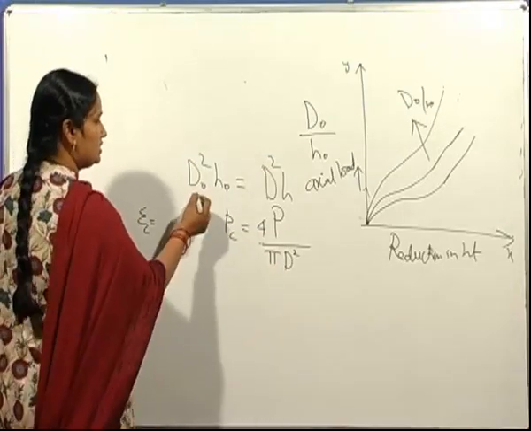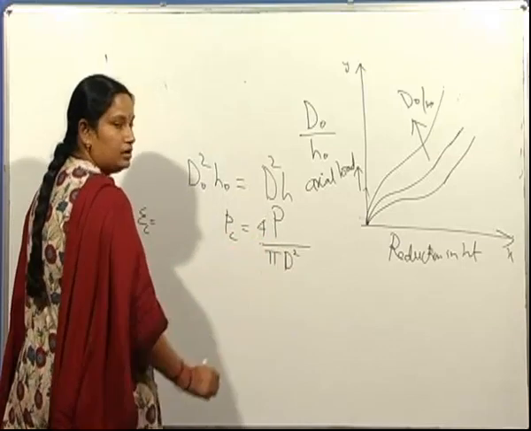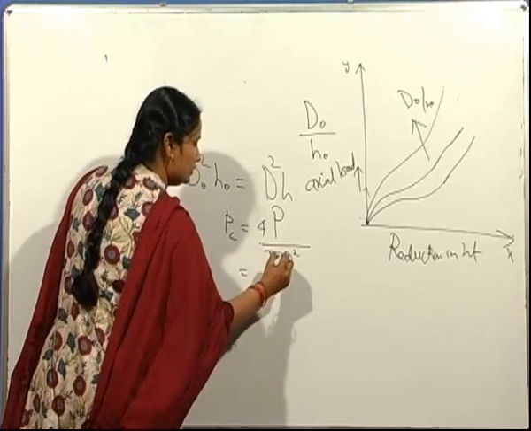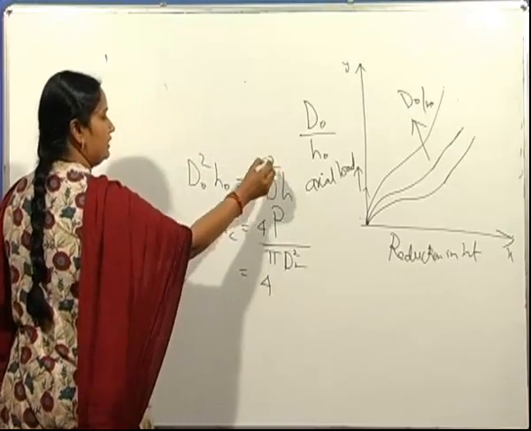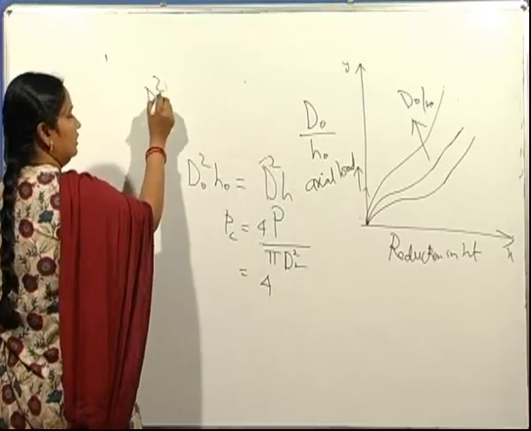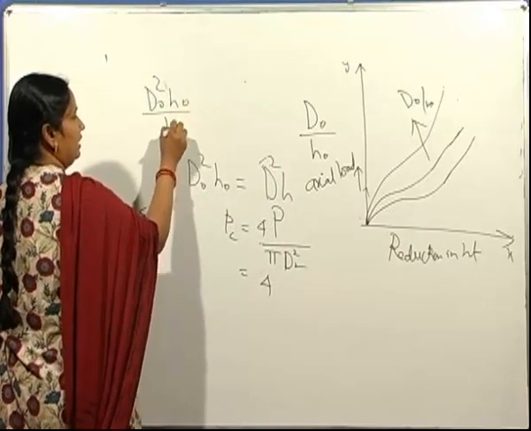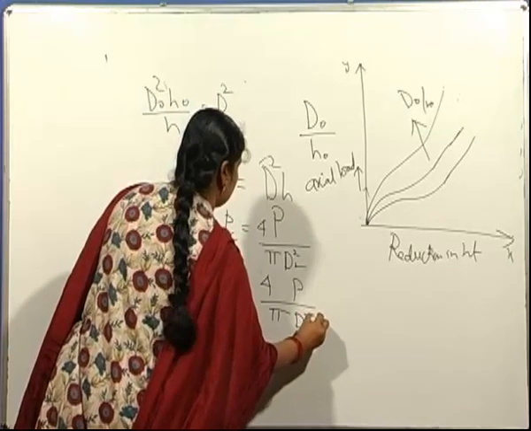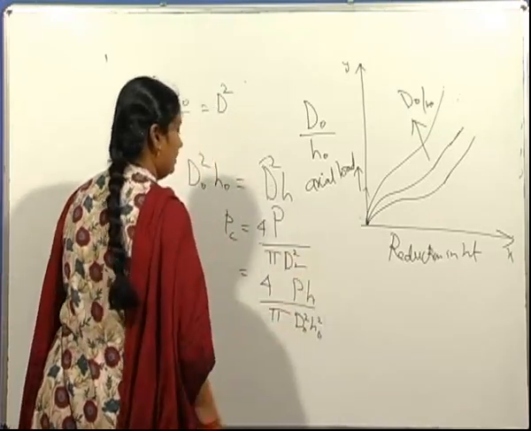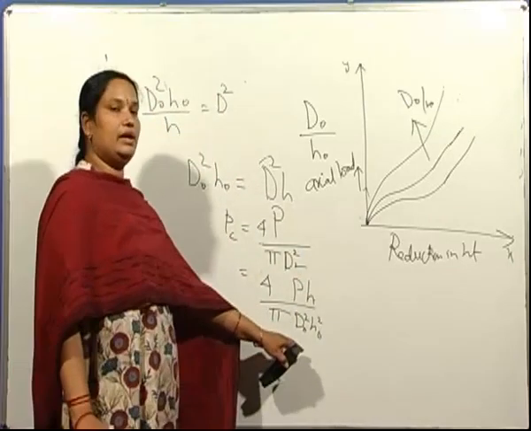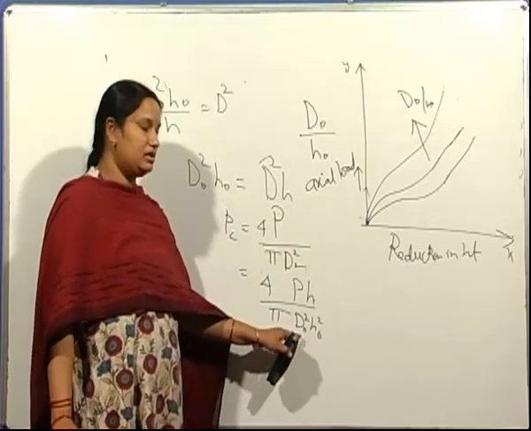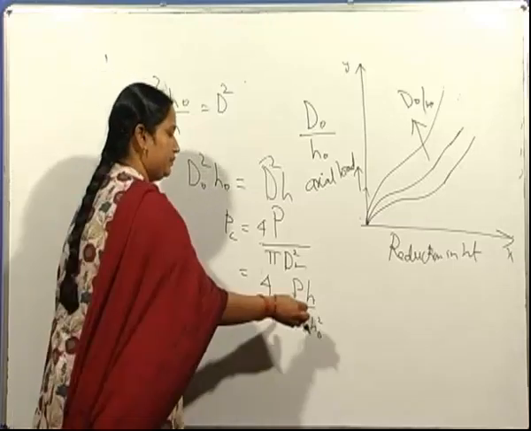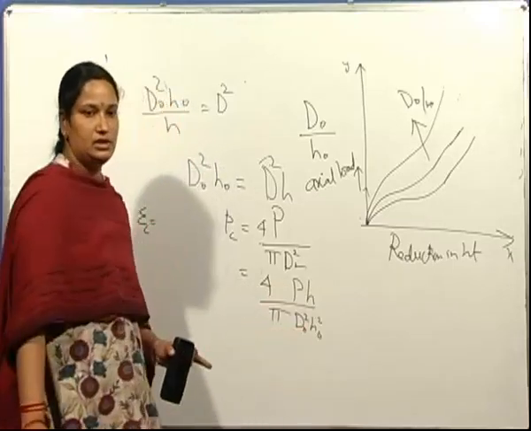So according to the constancy of volume relationship, instead of d square, we can substitute D0 square H0 by h, where D0 and H0 are the original diameter and height, and h is the height at any instant, that is the instantaneous height of the specimen.